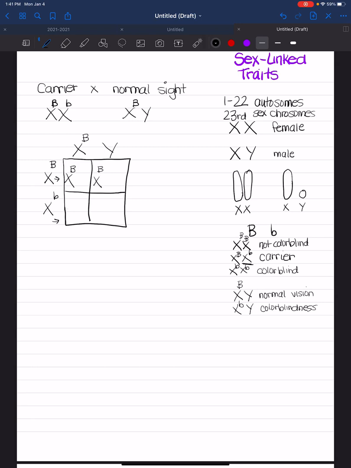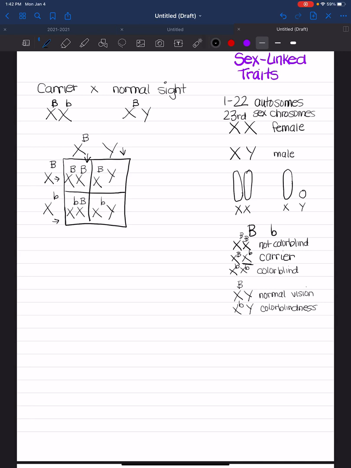Then here she's going to contribute one X little b and one X little b. Then for the father, he's going to contribute an X big B, an X big B, and a Y. So right off, there's a 50% chance that they're going to have a boy versus a girl.